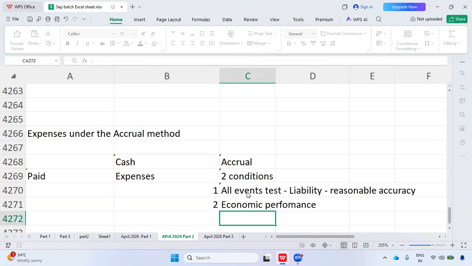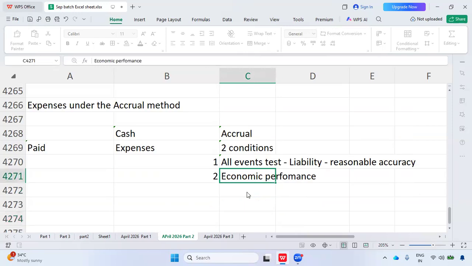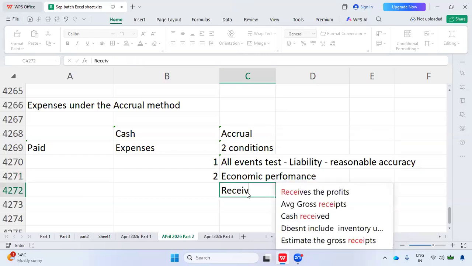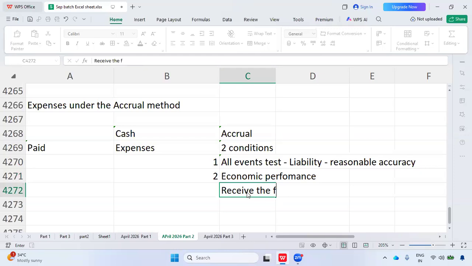In this case, it is an expense, so the business should receive the goods or should receive the services. If yes, then we will say that the taxpayer is meeting economic performance.